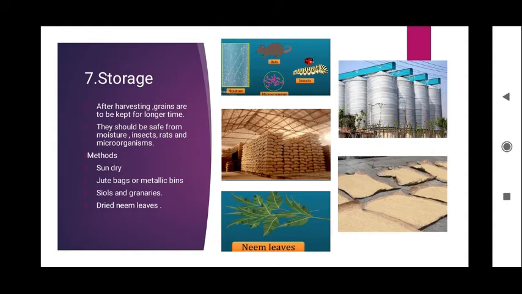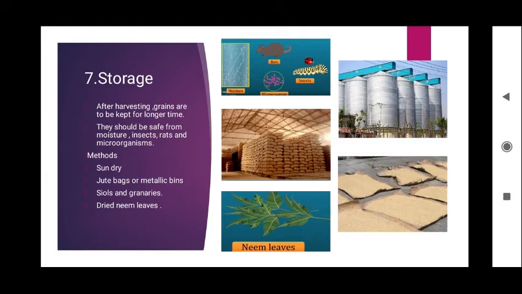Generally harvested grains have more moisture. So if freshly harvested grains are stored without drying, they may get spoiled because microorganisms may grow on them. Hence, before storing them, the grain should be properly dried in the sun to reduce the moisture in them.